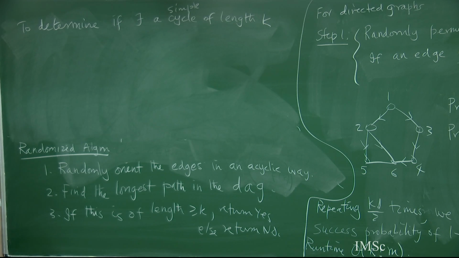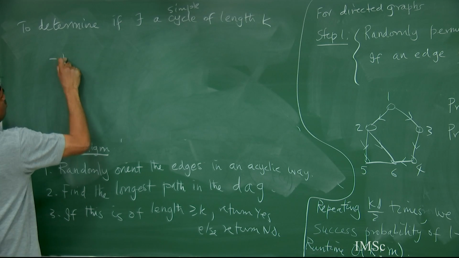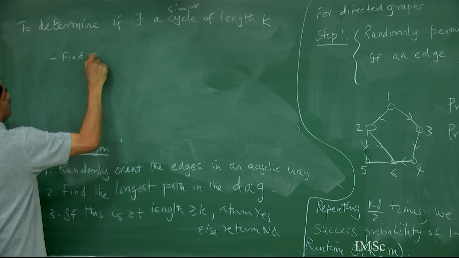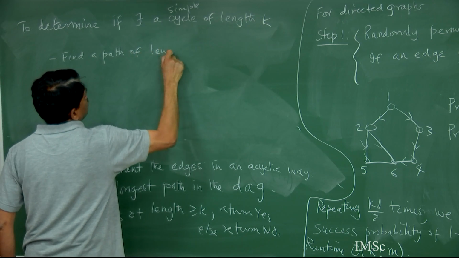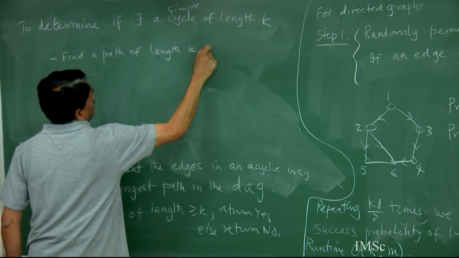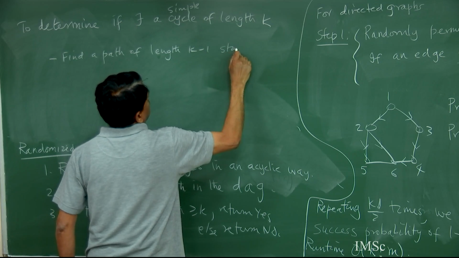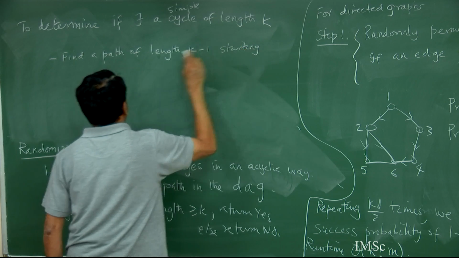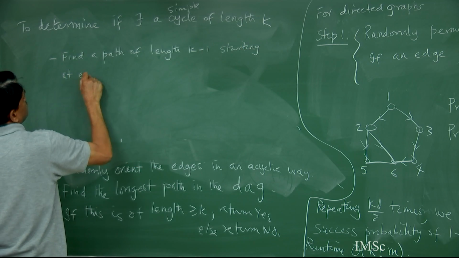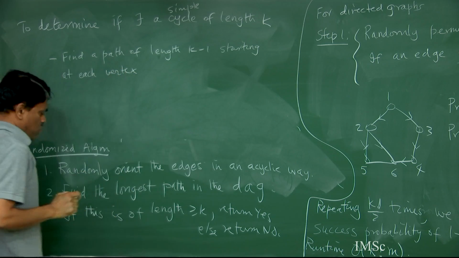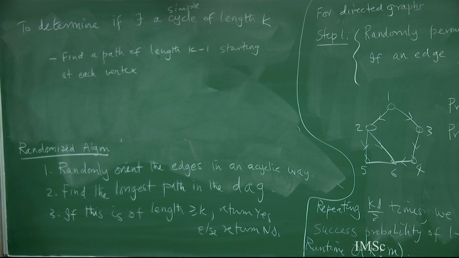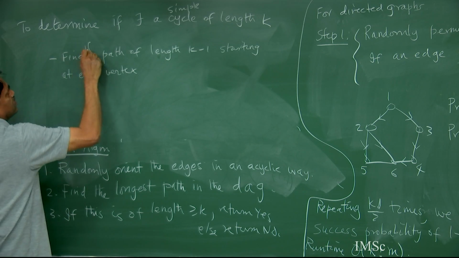So, I will find a path of length k minus 1 starting at each vertex, find if exists.